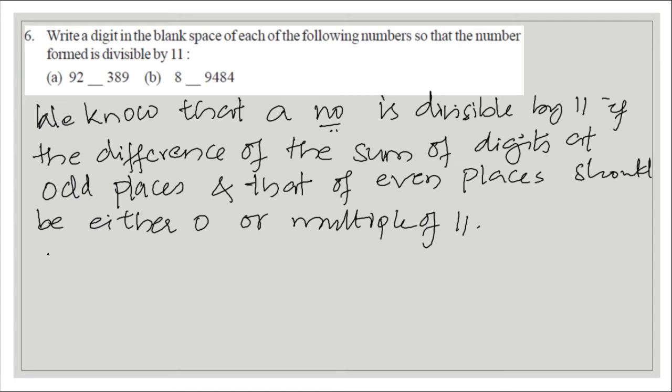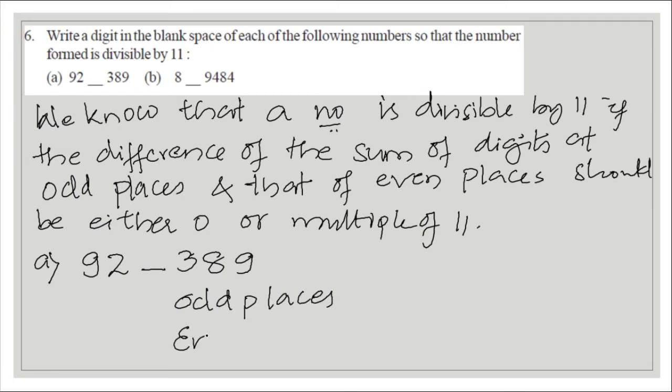Let me consider the given number. The given number is 9 2 blank 389. Let me consider the odd places first.